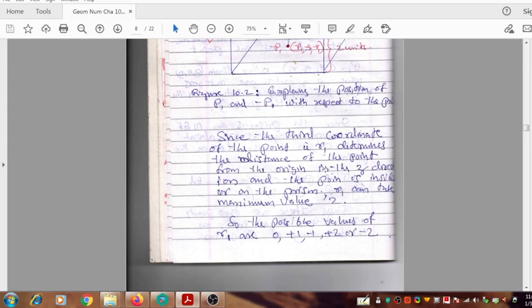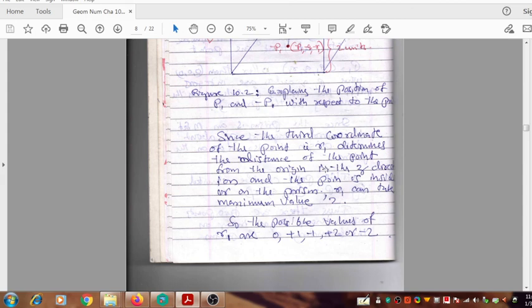You take any point (x, y, z), a triplet, and the third coordinate is z. It's a number, but what is the significance of that number? That number represents the distance of the point in the z direction, the perpendicular distance of that point from the xy plane.